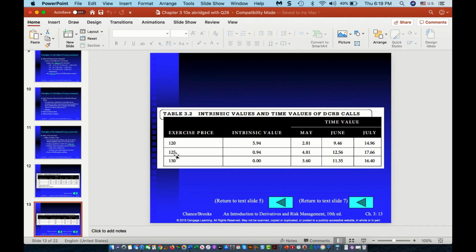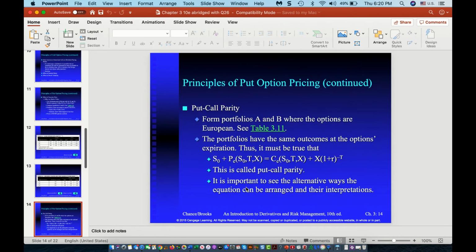And then when you are in the money like this, this is for the call option, so when you are in the money, meaning 120, then your intrinsic value is positive, very high, but then you see time value is lower. And then when you are at the money, this is the highest time value, but your intrinsic value is smaller, and out of the money it is 0. So what is the upshot of this is that at the money, your time value is maximum.